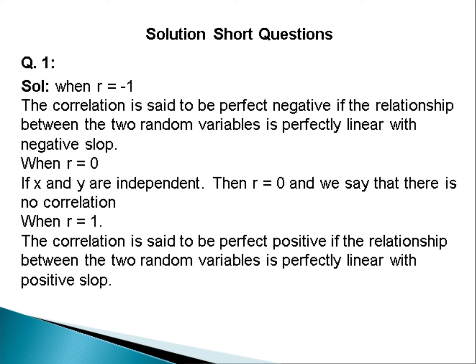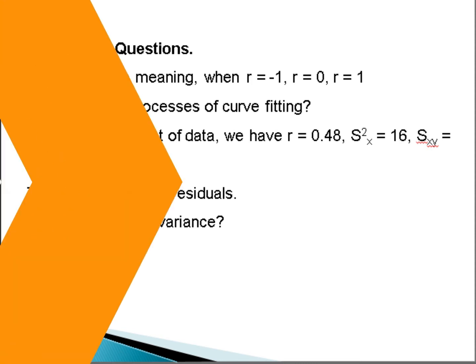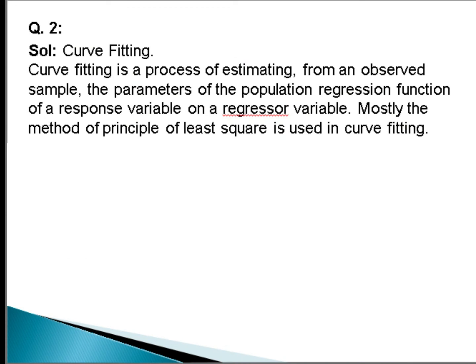The next question number 2. Explain the process of curve fitting. Answer is that the curve fitting is a process of estimating from an observed sample the parameters of the population regression function of a response variable on the regressor variable. Mostly the method of principle of least squares is used for curve fitting.